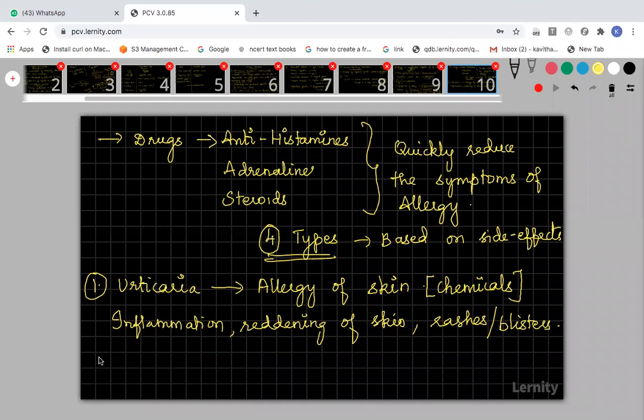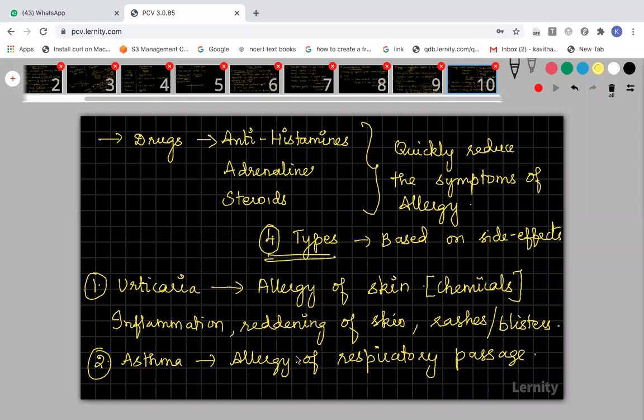Now, the second type is asthma. Asthma is one type of allergy. It is an allergy of the respiratory passage. If there is allergy in your respiratory system, then it is called asthma. Asthma is an allergic disorder, right? So here what will happen?